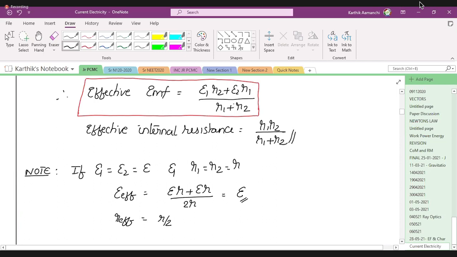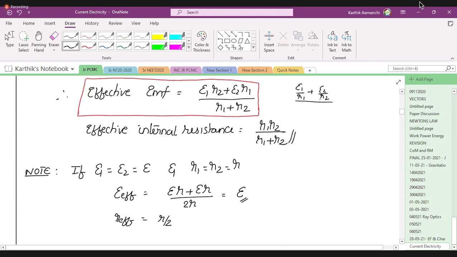Sometimes they write it in a different way, like epsilon 1 by R1 plus epsilon 2 by R2, so this becomes epsilon 1 R2 plus epsilon 2 R1.